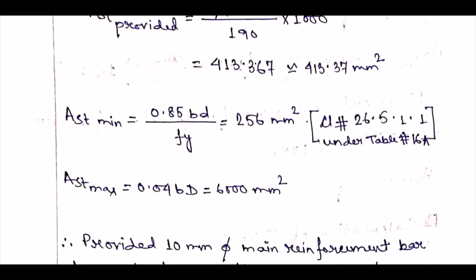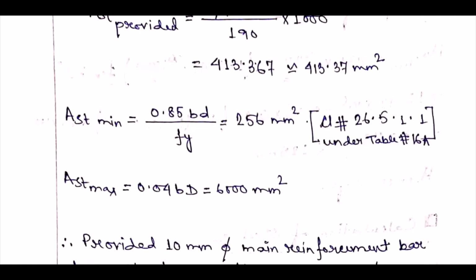AST minimum is 0.85 BD by Fy equals to 256 mm square. This is the minimum reinforcement that has to be provided for this section, and AST maximum is equals to 0.04 B into capital D, that means overall depth, that is equals to 6000 mm square.